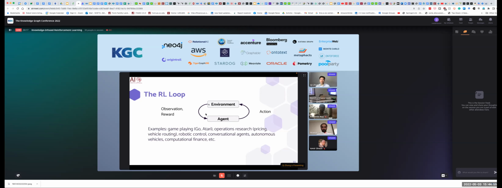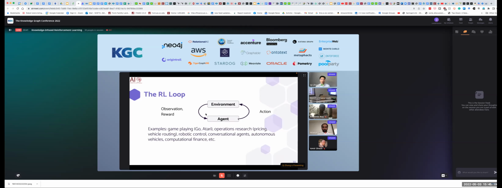So every time step, the environment will give the agent some reward feedback, as well as the observation that the agent can make. And according to this reward signal and observation, and all the rewards and observations that happened in the history, the agent has to make its next decision, which we call an action in RL.